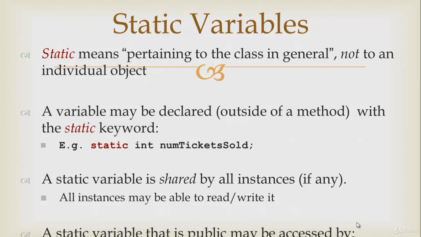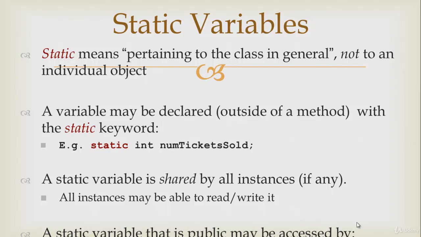A variable may be declared outside of a method with the static keyword, just like the example here, static int numTicketsSold. A static variable is shared by all instances, if any. All instances may be able to read and write to it.